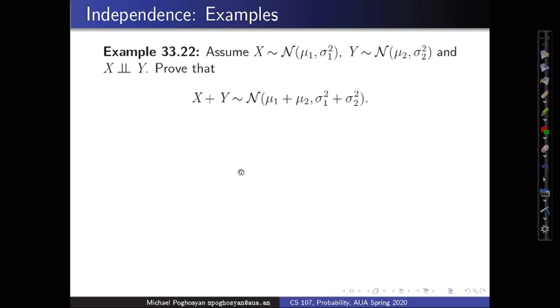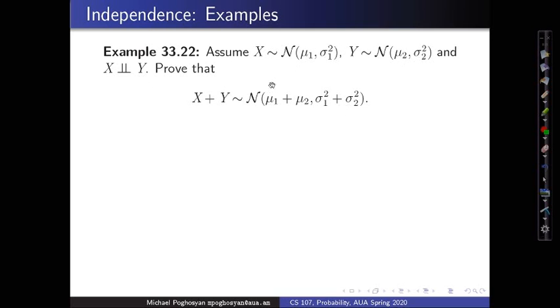So the next one is example 33.22. Assume we have two normals. X is normal with mu1, sigma1 squared, Y is normal with mu2, sigma2 squared, and X and Y are independent. Then one can prove that X plus Y, the sum of two independent normals, is again normal with mean mu1 plus mu2 and variance sigma1 squared plus sigma2 squared.